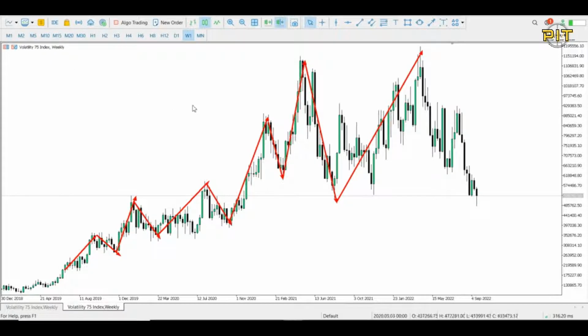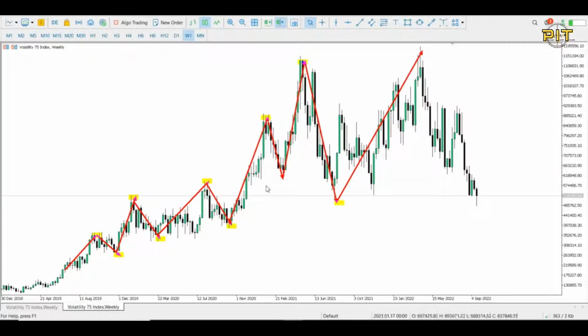Now we can see that price has been forming this here. You have your high here, you have this one, you have it here, and then you have it here.